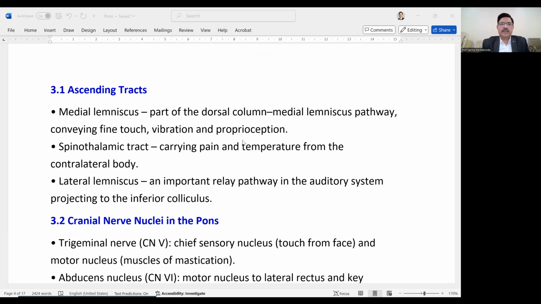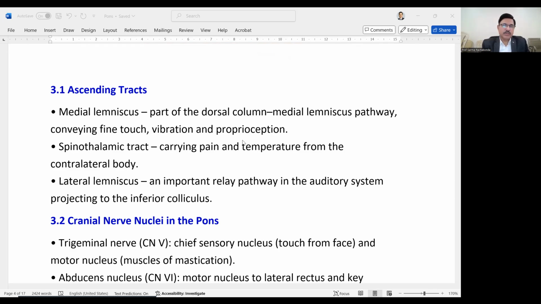Next to that is the spinal lemniscus, which is the spinothalamic tract, which carries crude touch, pain and temperature. Next to that is the lateral lemniscus. There should be one more lemniscus called the trigeminal lemniscus, but that is not here, because the trigeminal nucleus starts from the Pons, and the trigeminal lemniscus starts only after the Pons.